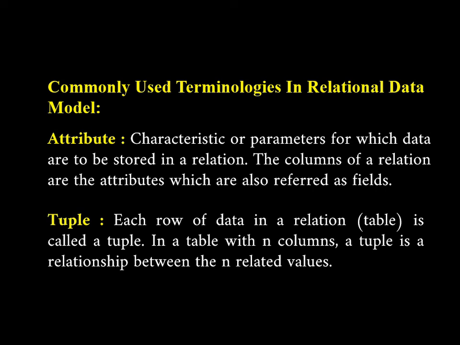In a table, the record is called a tuple. The record is made up of various fields in a table. The full information across different columns is called the tuple, also called the record.